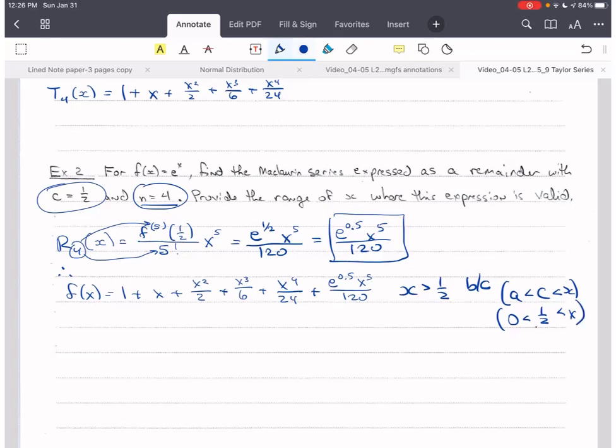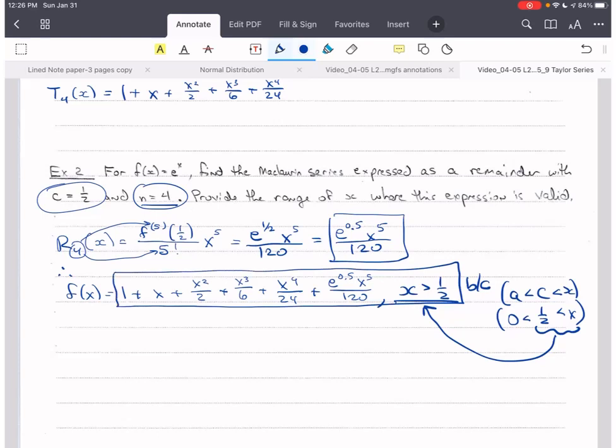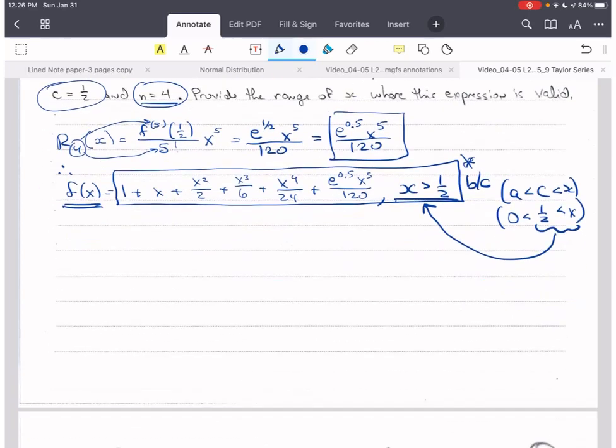And so we take this portion of it, because obviously 1/2 is greater than 0, so this becomes our range. So this portion here is the answer. Okay, so that is what we want: f of x written as the series expressed with a remainder. We're asking for f of x in this question.